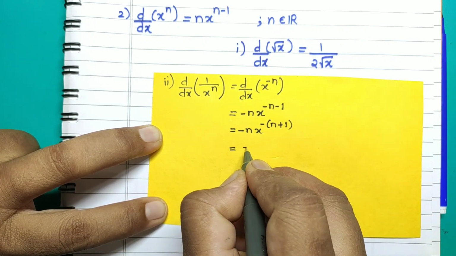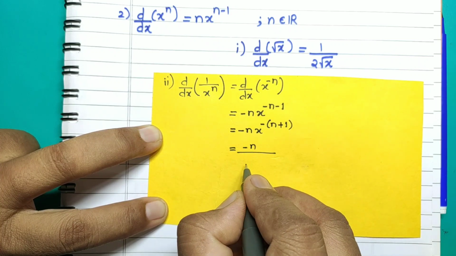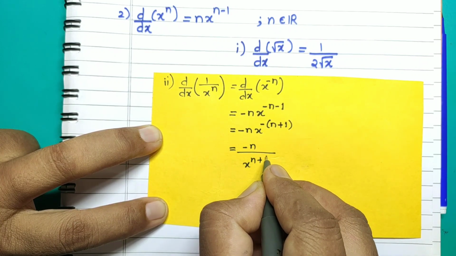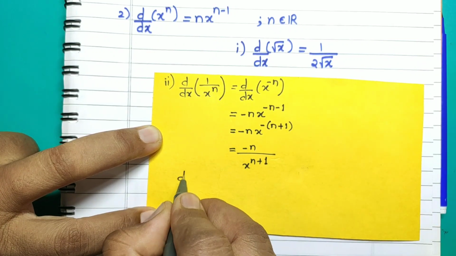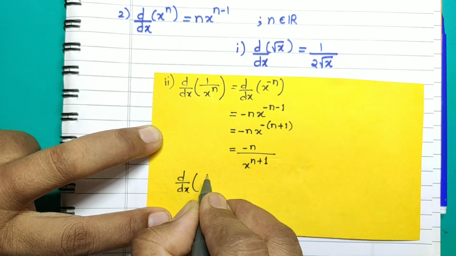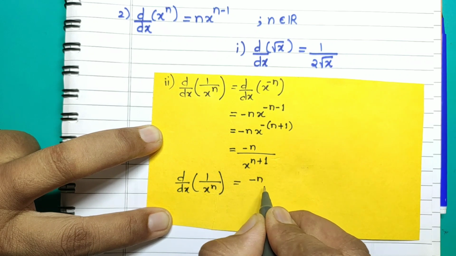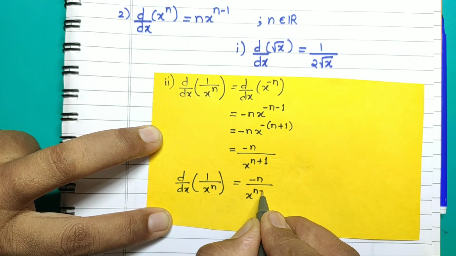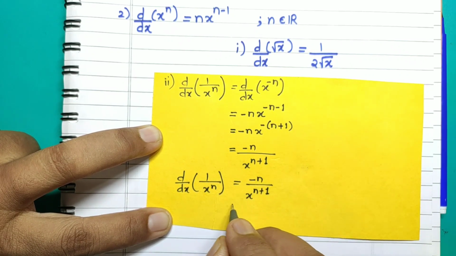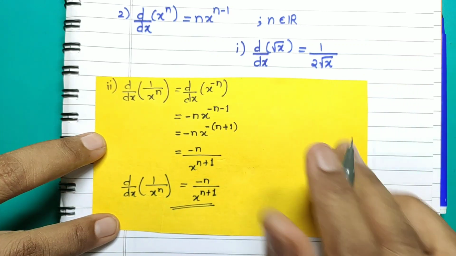So it is minus n upon x raised to n plus 1. So we have derivative of 1 upon x raised to n as minus n upon x raised to n plus 1.